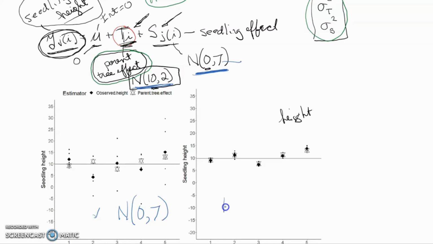We repeated the process, whereas in this panel, the seedlings were drawn from a normal distribution with mean 0 and standard deviation much smaller, a value only of 1.